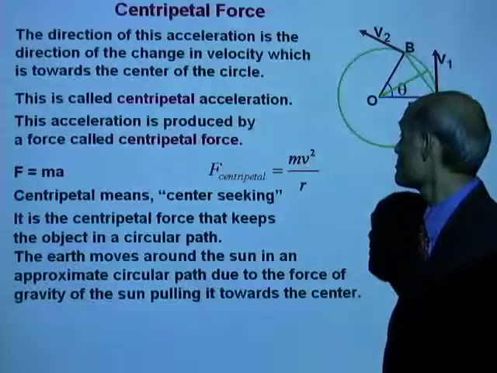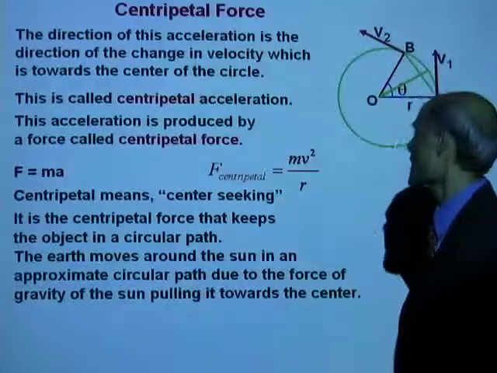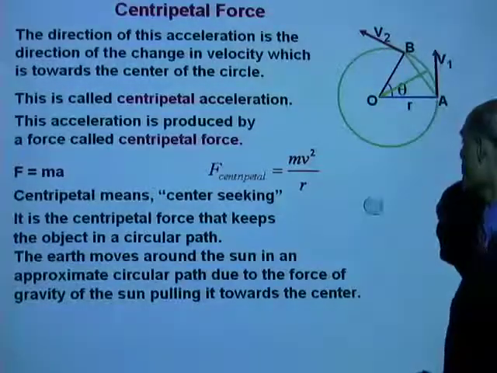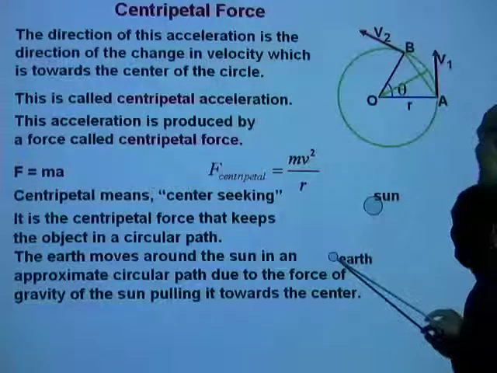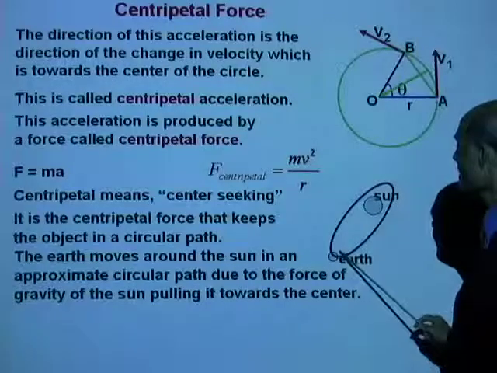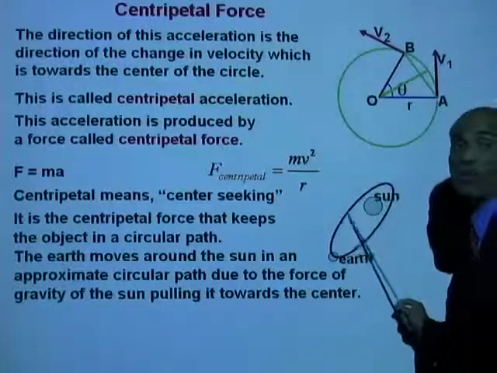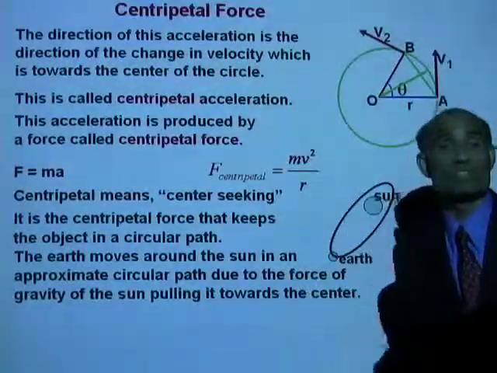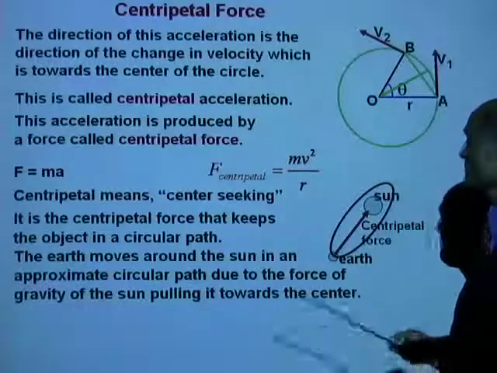Now, the earth moves around the sun in an approximate circular path due to the force of gravity of the sun pulling it towards the center. So if this is the sun and that is the earth going around the sun, the force that keeps it in orbit is the gravitational force. The centripetal force is the gravitational force.